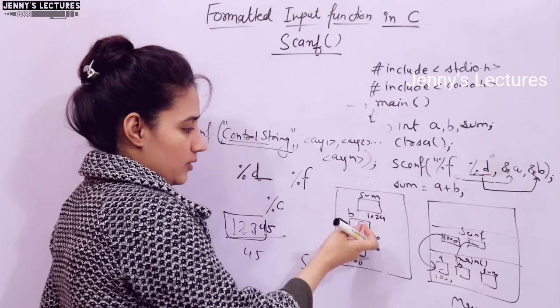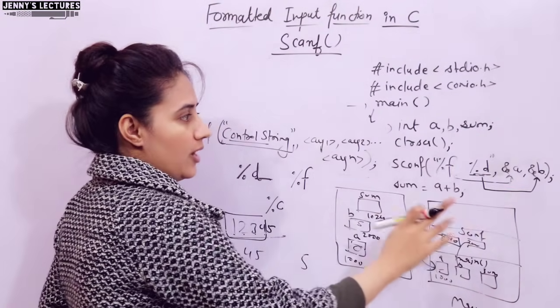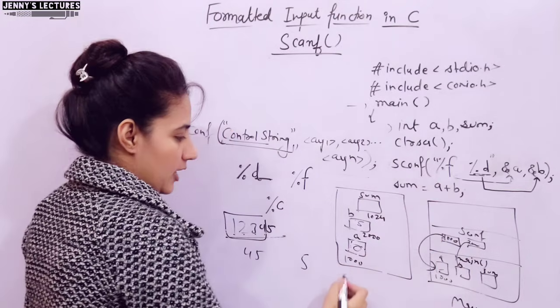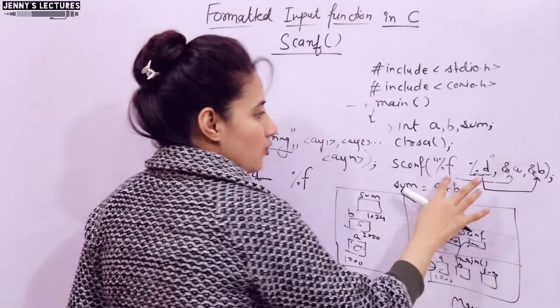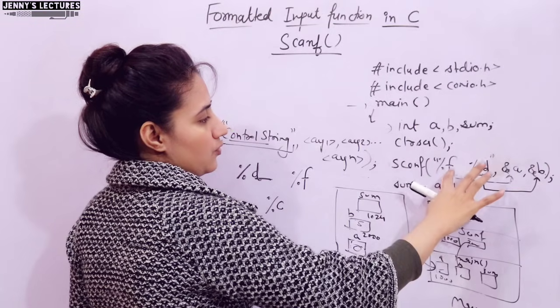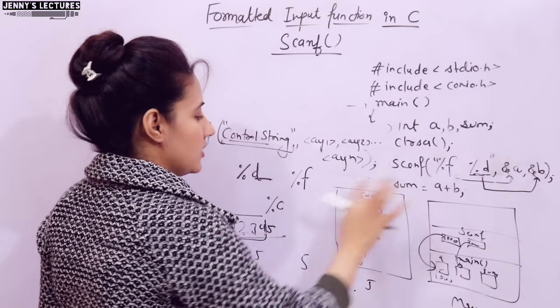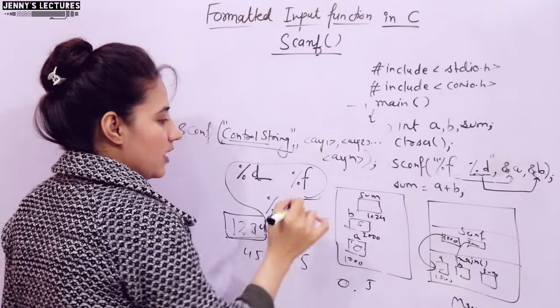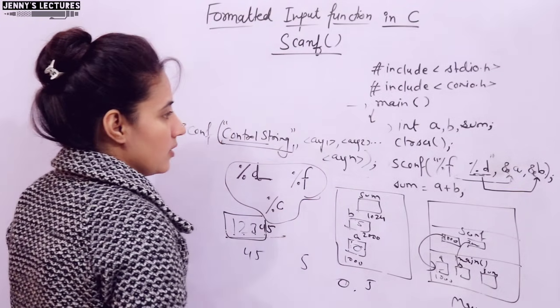And in B, if you enter 5, then it will store 5, because it is an integer. And when you print the values of A and B, then the value of A would be 0 and the value of B would be 5, right. So that is why you have to take care of the format specifier. For float you can write %f. For character you can write %c. And other than these, there are many more format specifiers. That also we'll discuss in a separate video, right.